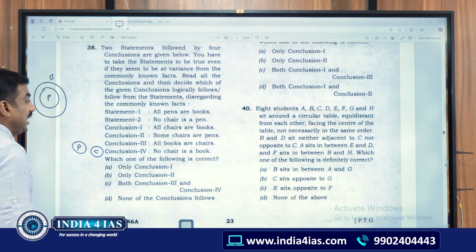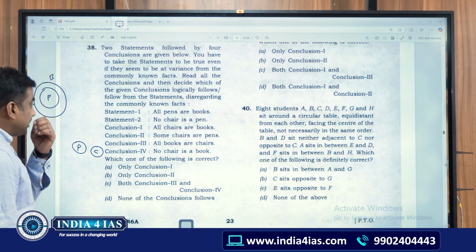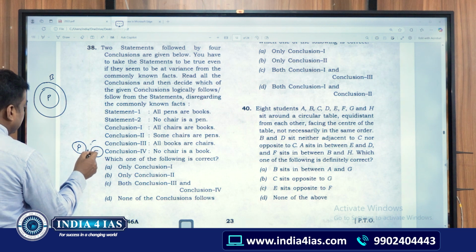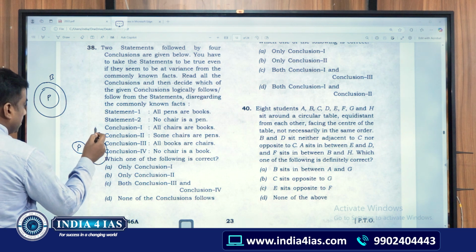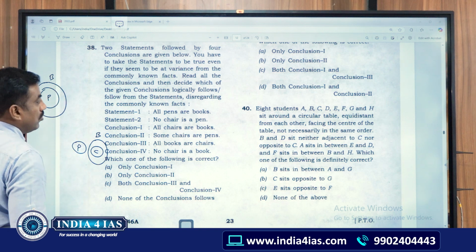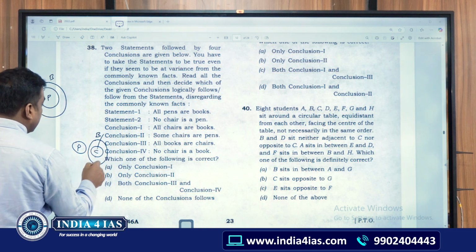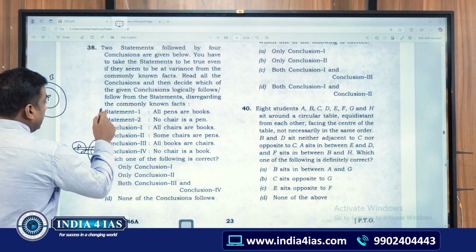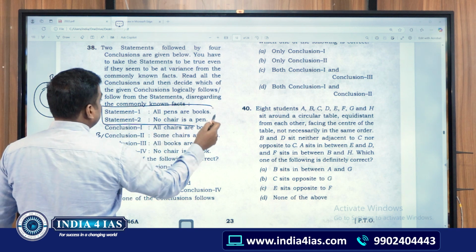So they have to be distinct. All chairs are books. So all chairs should be books. They are giving this as a conclusion. I am sorry. These are only the statements.